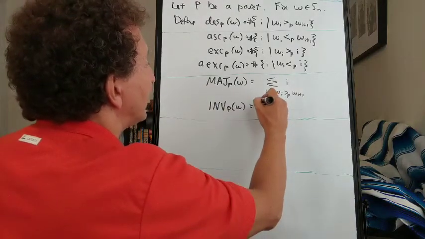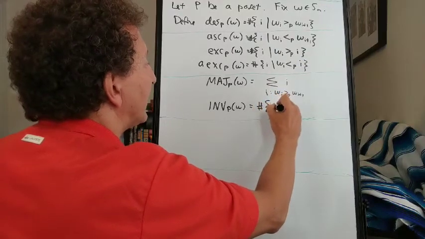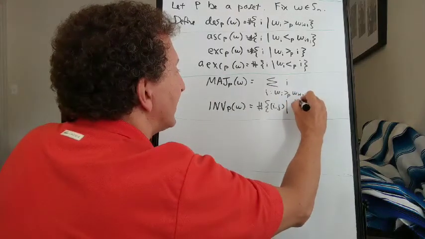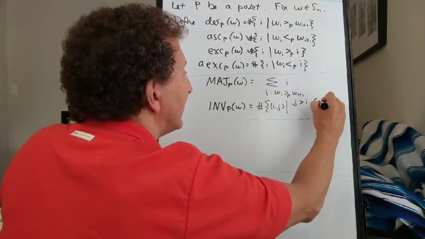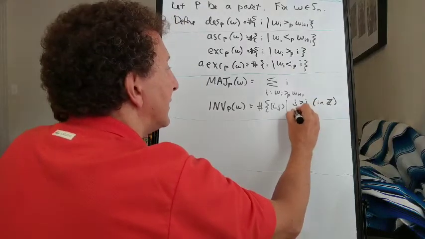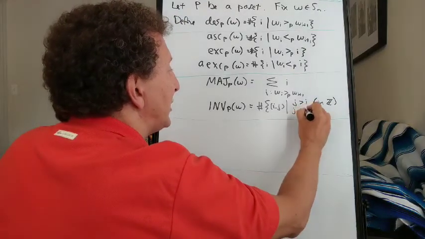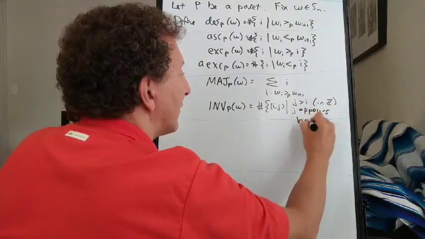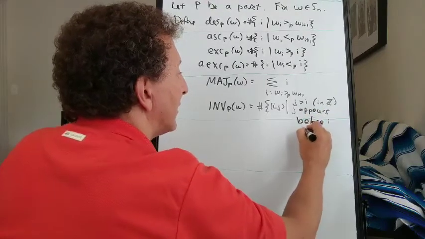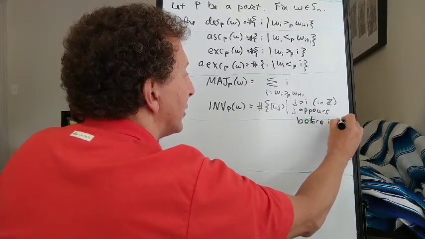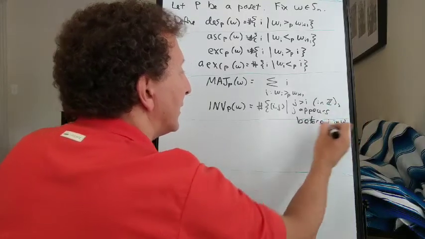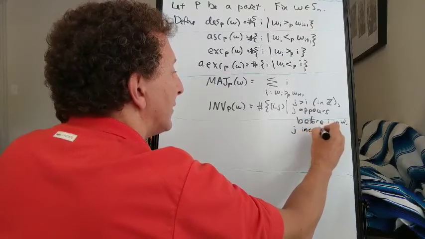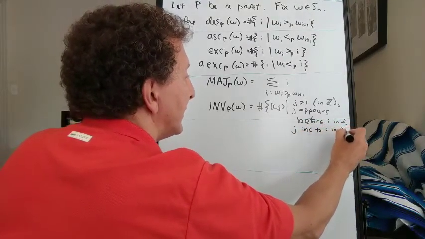So P inversions is the number of pairs i, j such that j is greater than i as integers, j appears before i in W, and j is incomparable to i in P.